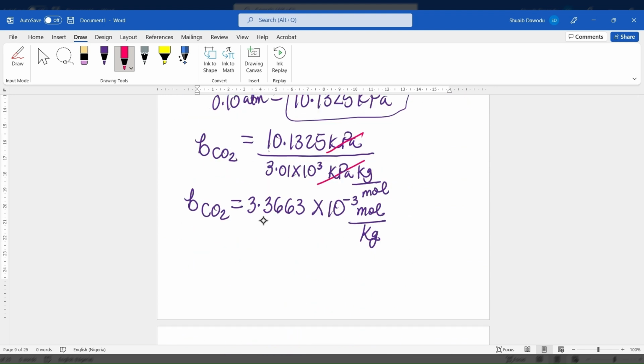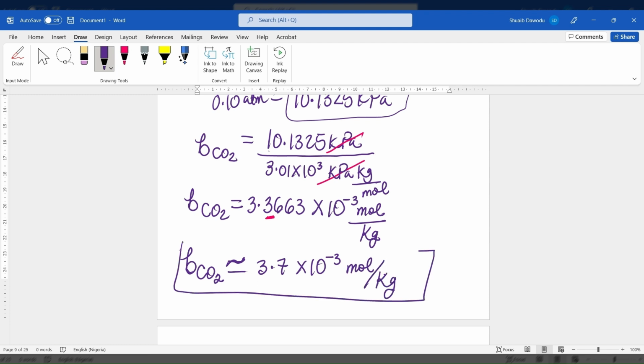So we're going to have our final answer in 2 sig figs. So b sub CO2, the molality of carbon dioxide, is going to be approximately 3.7 times 10 raised to the power of negative 3 mole per kg. So that's the answer to this question in 2 significant figures.